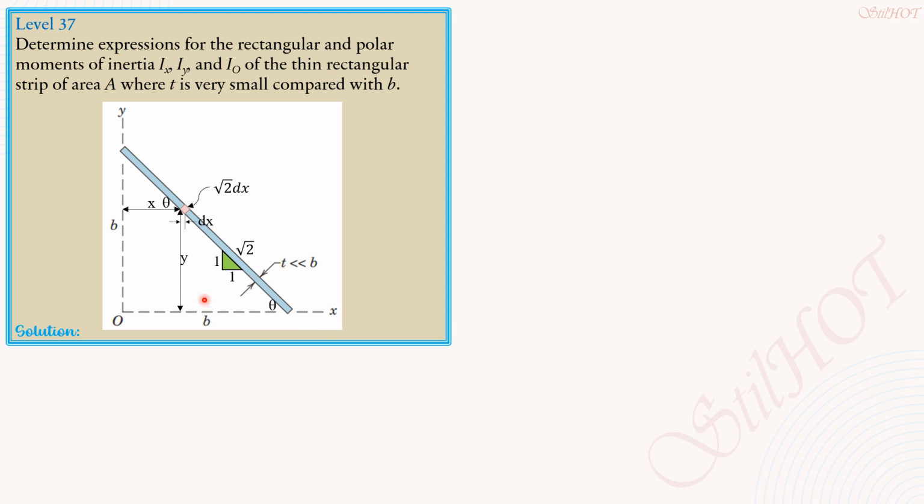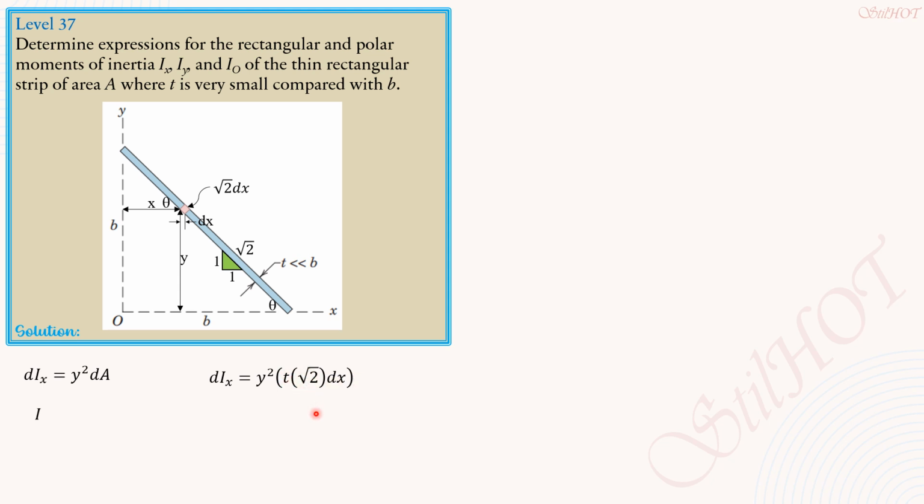So differential Ix is equal to distance squared, y squared, times the differential area. The differential area is square root of 2 dx times thickness, so differential Ix is y squared times square root of 2 dx times thickness.